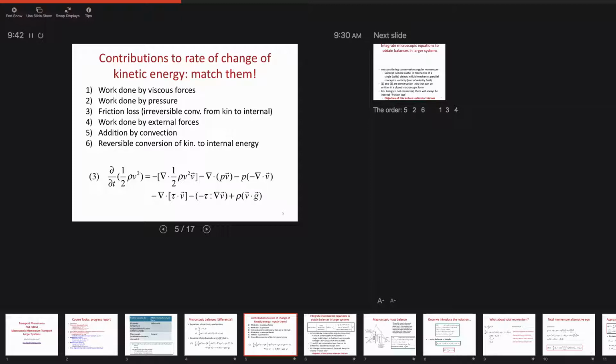Right? External forces must be this one, right? So that's the way to approach these things. So this one is 4. Which one has to be convection? First one, right? We got that right.